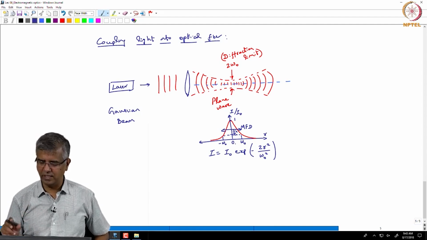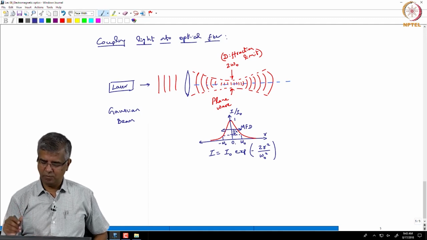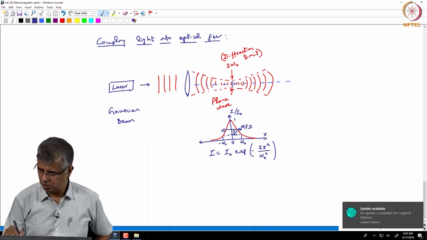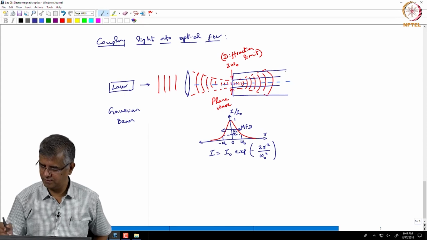Because when I am defining an optical fiber, I am defining it such that the core region is like this, the cladding would be somewhere like this, right.